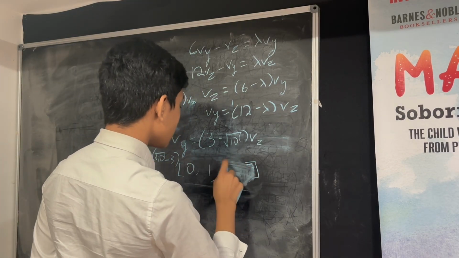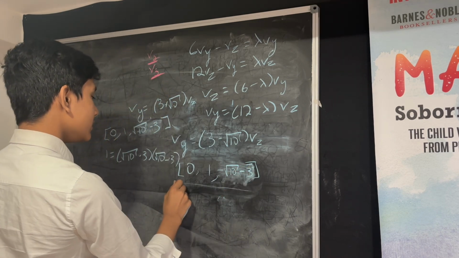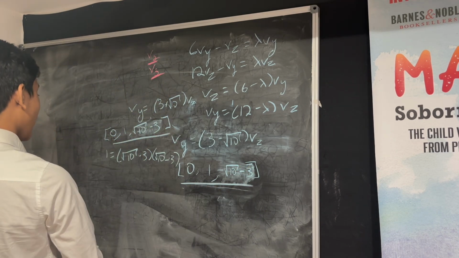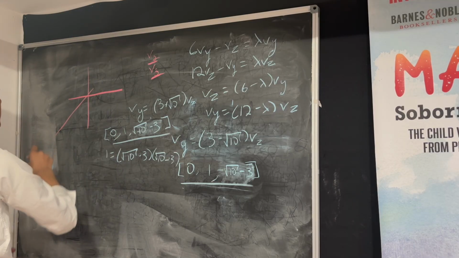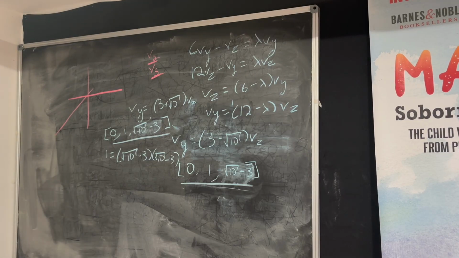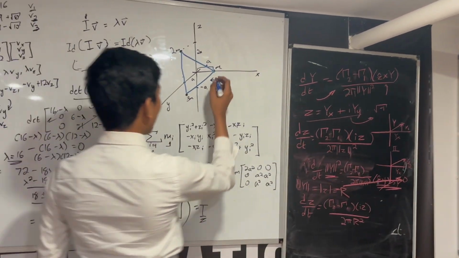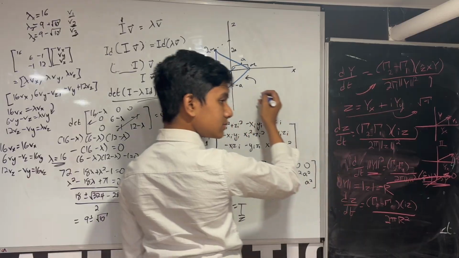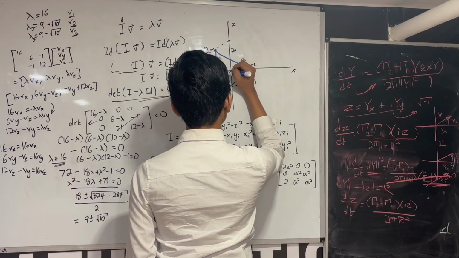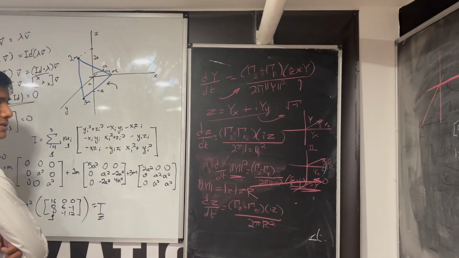And this is, of course, minus rad 10 minus 3, which means that these two, if I had to visualize them on the XYZ plane, could look like no X component, just a Y component of 1, and a Z component of minus rad 10 minus 3.